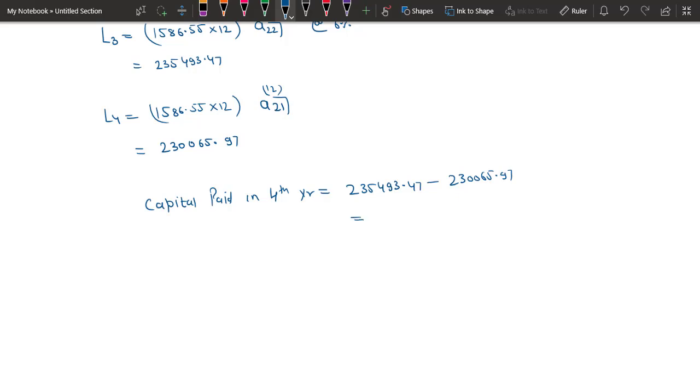So you have paid a total of approx 5427 as your capital. A little bit of difference due to rounding can be found in the answer, so there is no issue regarding that.